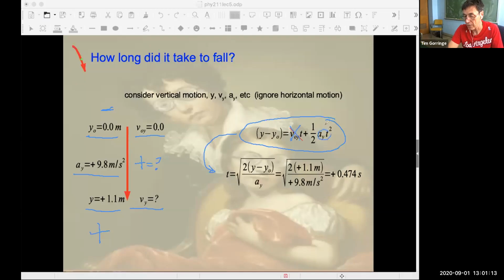We want the time here. And then that gave me this equation here, that the time taken is just twice the displacement divided by the acceleration, and take the square root of that. The displacement was 1.1 meters. The acceleration was 9.8 meters per second squared. I took the square root of that. I got just under half a second. And that's the time taken.